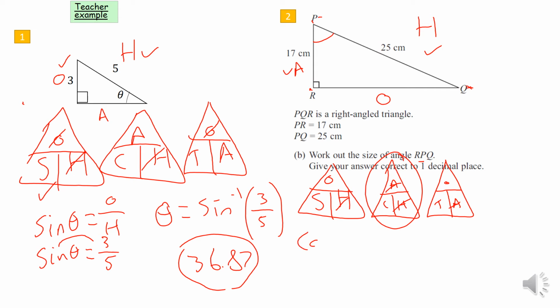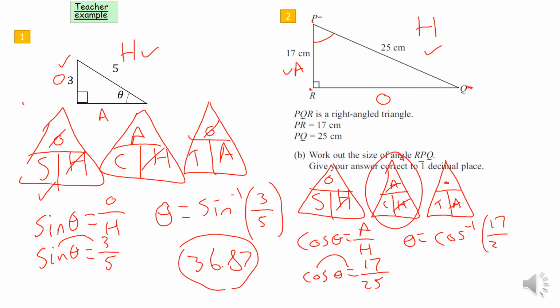So let's write down the ratio. Cos theta equals adjacent over hypotenuse. Now we will insert the information. So cos theta equals adjacent, which is 17, and the hypotenuse, which is 25. We now need to take the cos over to the other side of the equals. We're left with theta on the left, and on the right we will have cos -1, open the bracket, 17 over 25.